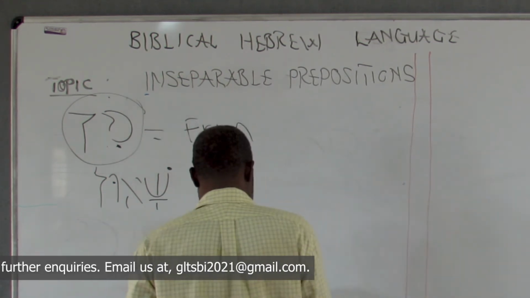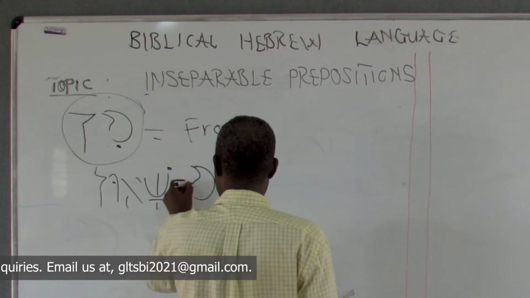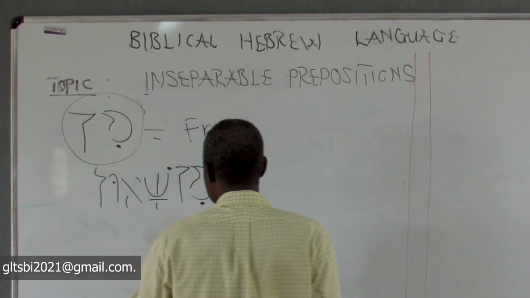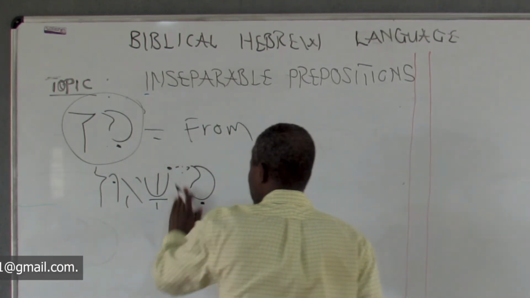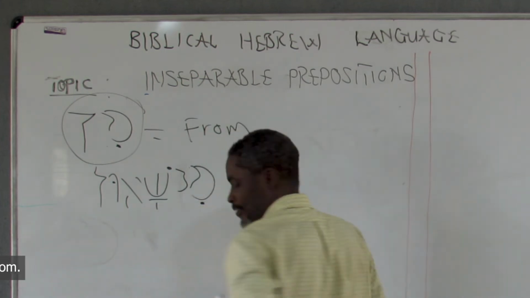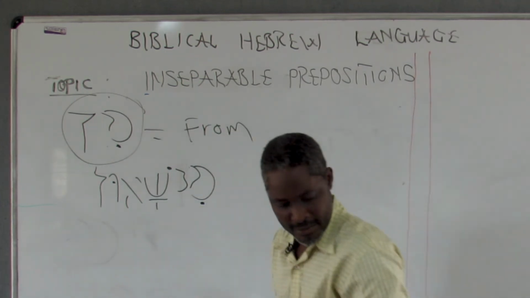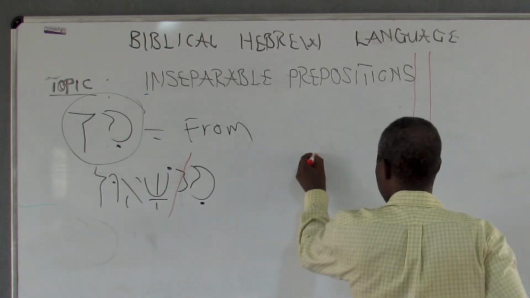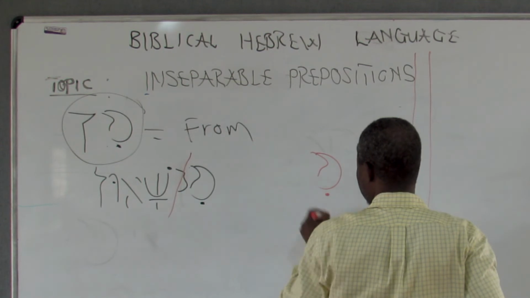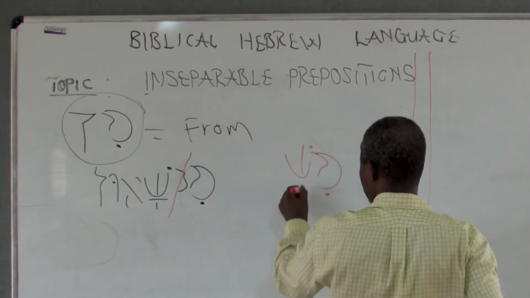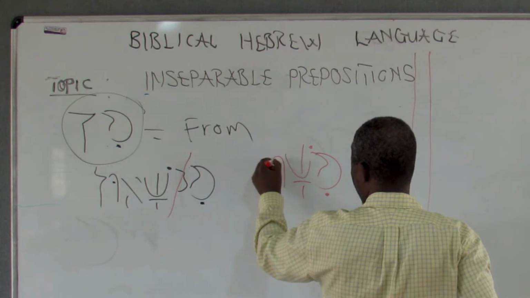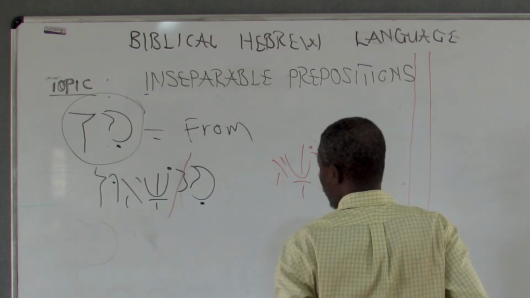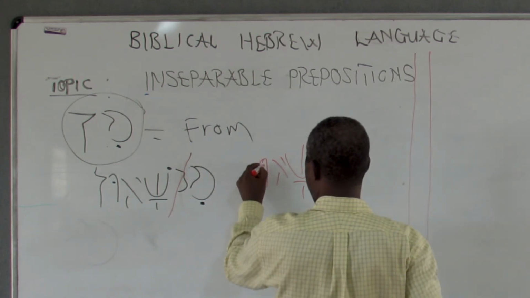So what we are going to do is this. You write min and then the nun drops. You drop the nun. Let me use the red letter to indicate that. So what you have eventually is min Shaul.